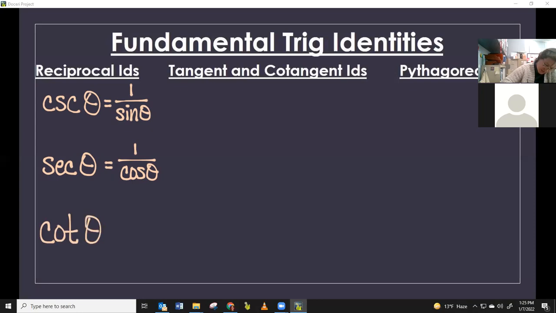And cotangent theta is the reciprocal of tangent theta. We've been talking about those 3 already. So cosecant is 1 over sine, secant is 1 over cosine, cotangent is 1 over tangent.